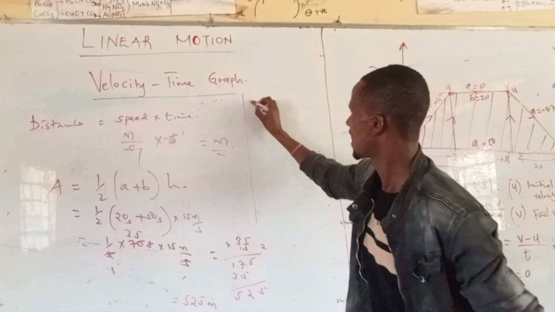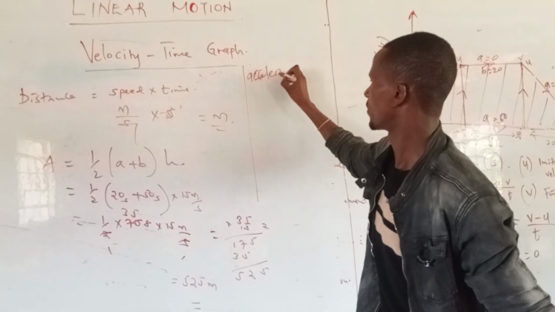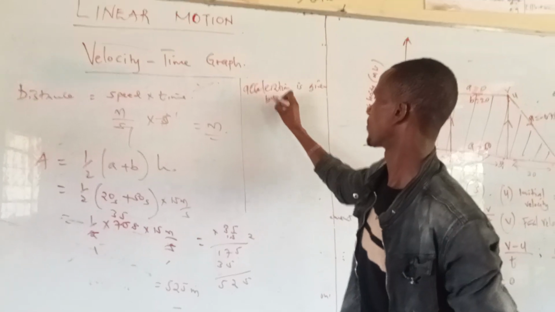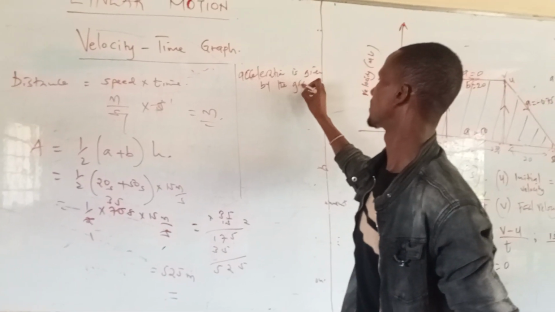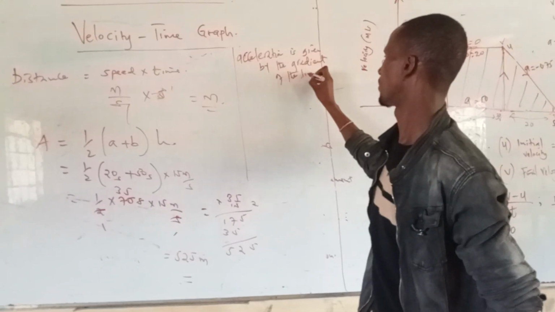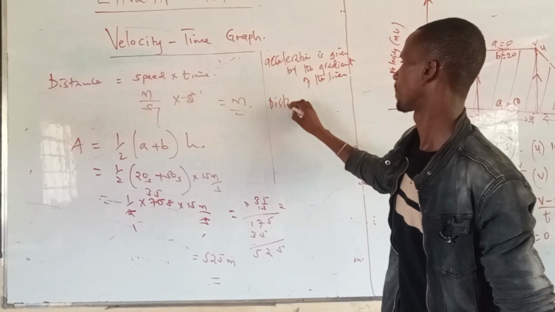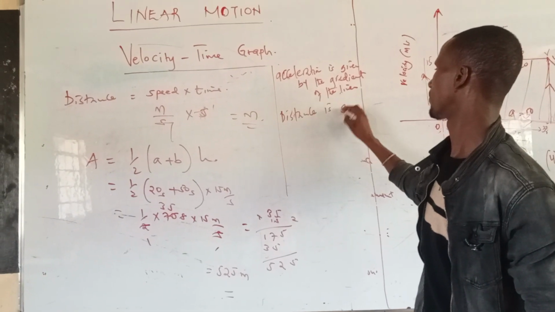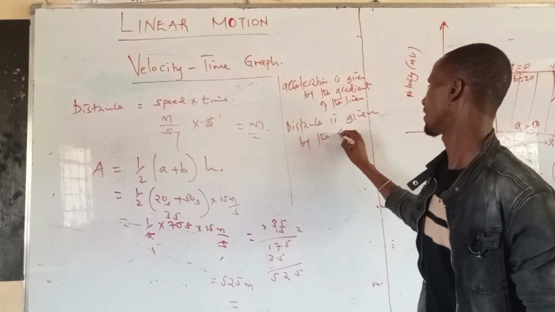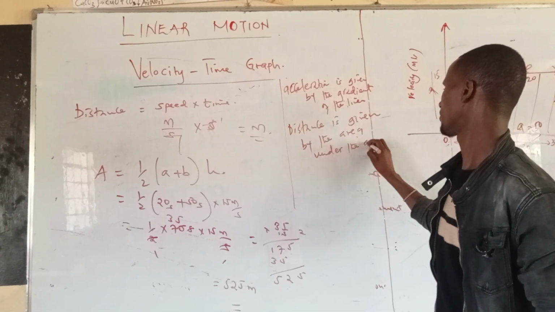We can say that acceleration is given by the gradient of the line, while distance is given by the area under the graph.